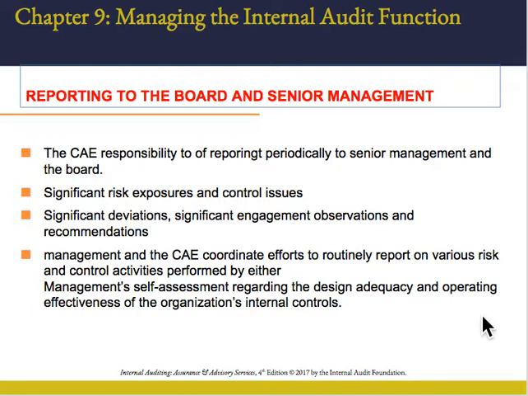The Chief Audit Executive, or the CAE, who is responsible for managing the audit function, has the responsibility to report periodically to senior management and the board on the internal audit activity's purpose, authority and responsibility, and the performance related to its plan. In short, the Chief Audit Executive must update the senior management and the board of directors.